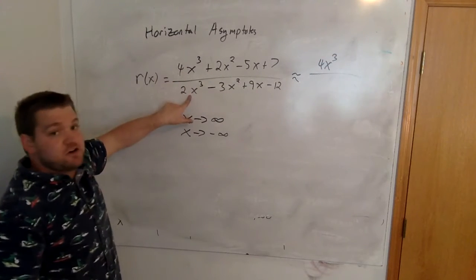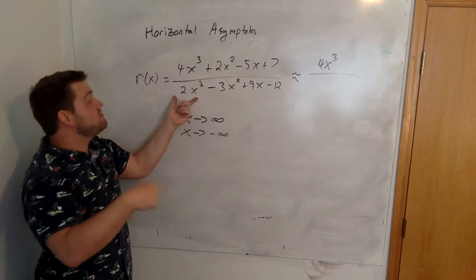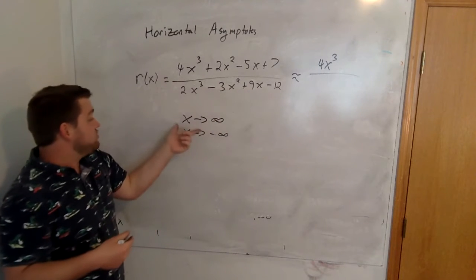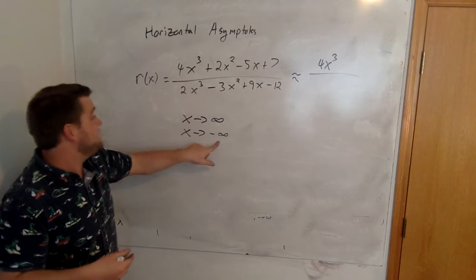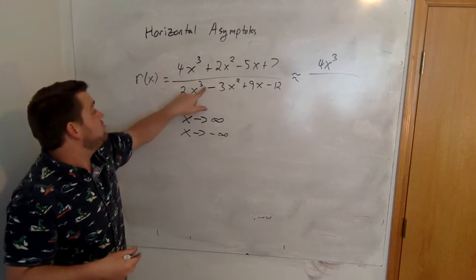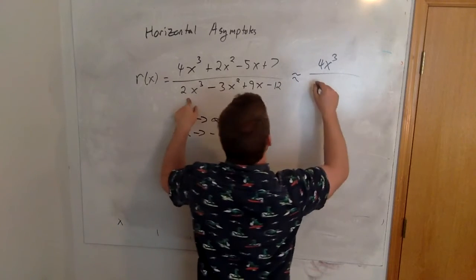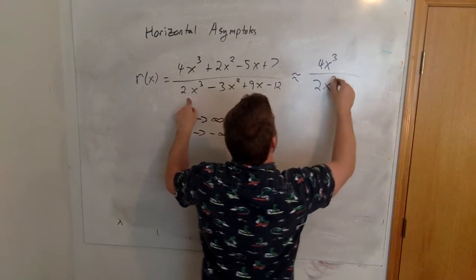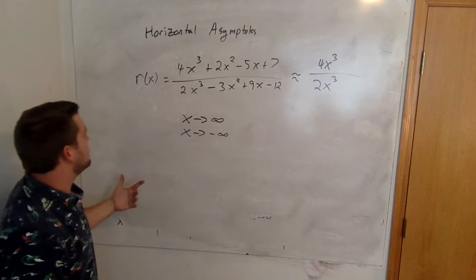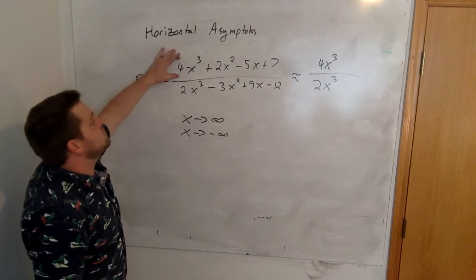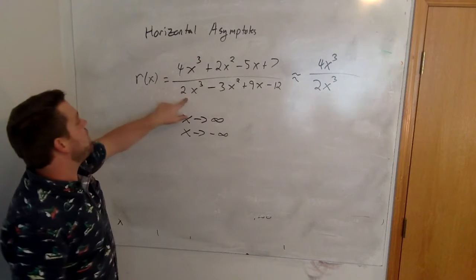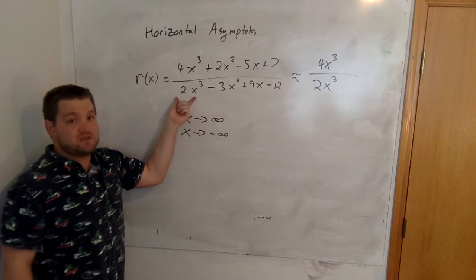The denominator here, well, the 2x cubed is going to dominate all the other pieces. So this polynomial will approximately be 2x cubed. So as x is getting really large, the numerator is behaving a lot like 4x cubed, and the denominator is behaving a lot like 2x cubed.